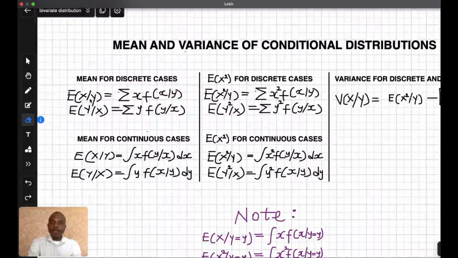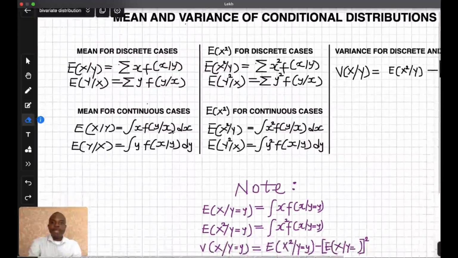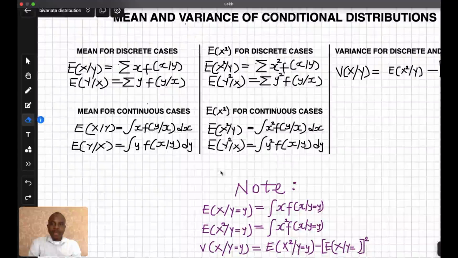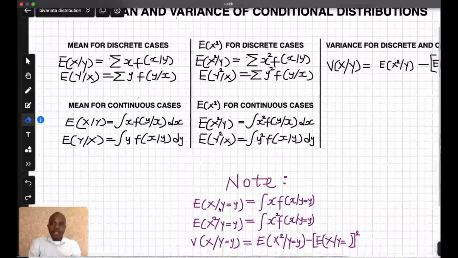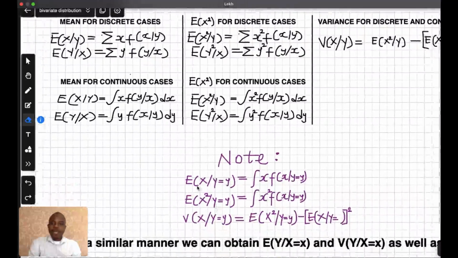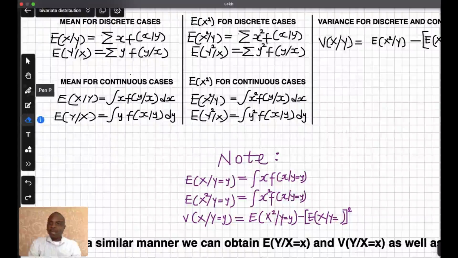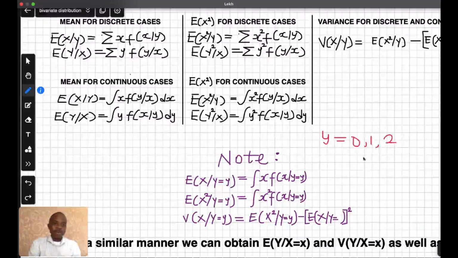Now, what do we mean by this? It means that we are going to have a particular value for y. That's what we are trying to say. So, for instance, the expected value of x given y equal to, there are a range of values for y. In the discrete case, you have 0, 1, 2. So y will have to pick one of those values.